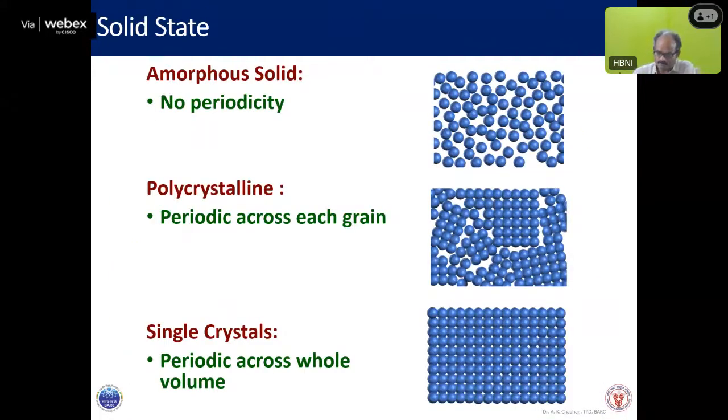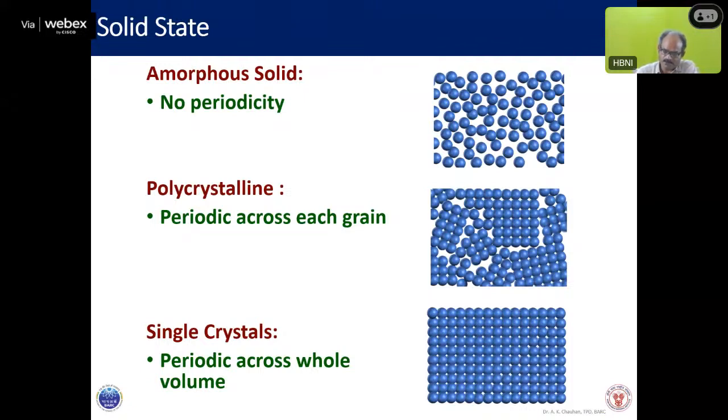Now suppose the atoms have become fixed. They are not moving. So the solid can be of three kinds on the basis of structure.